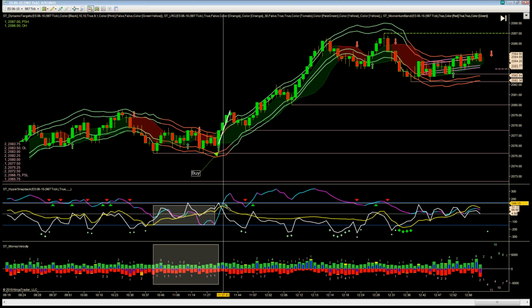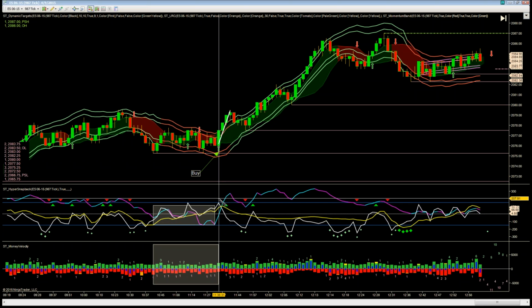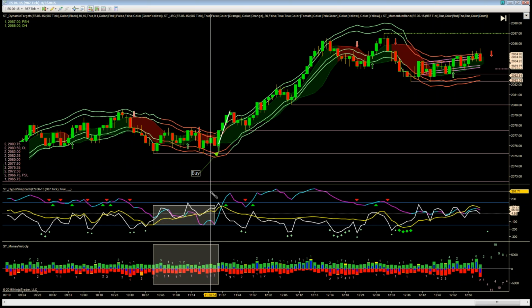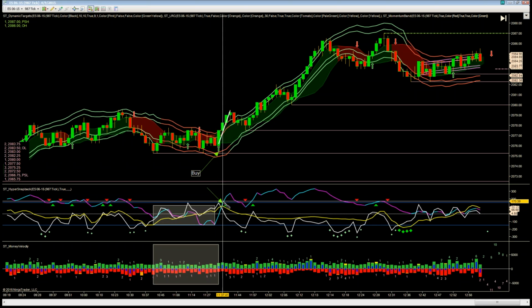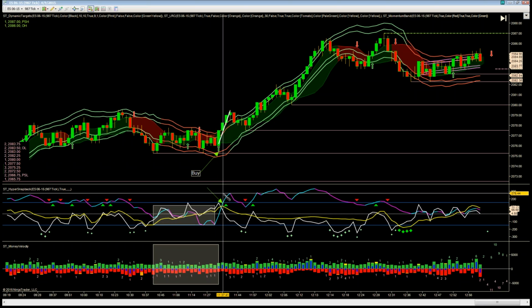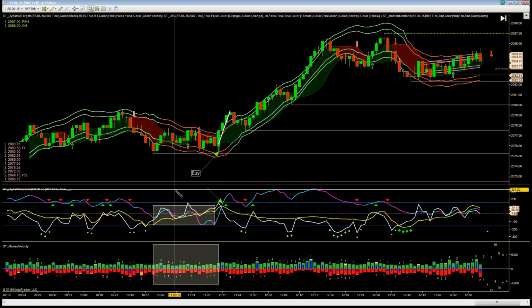So now we have price entering right in here, our long zone. And I'll just make a notation of that for you.